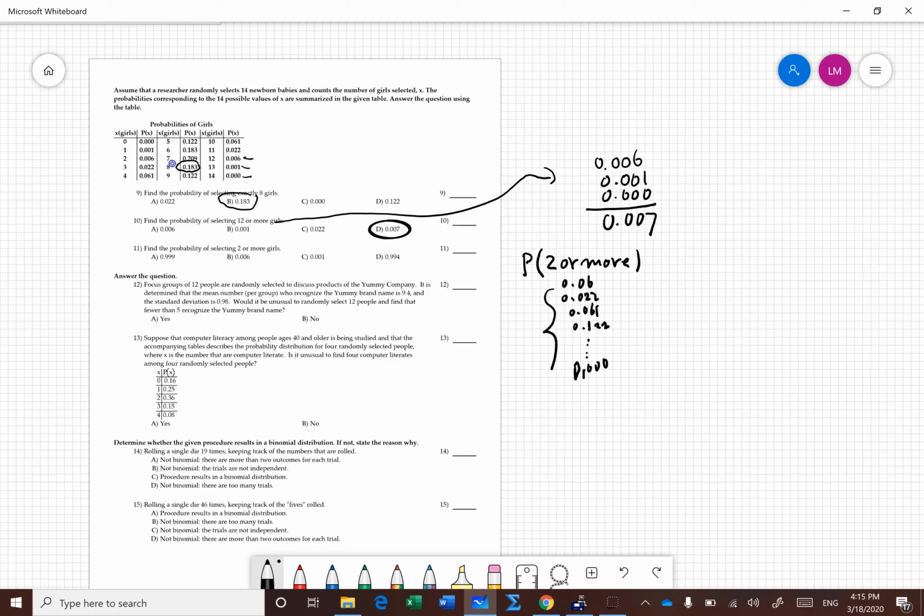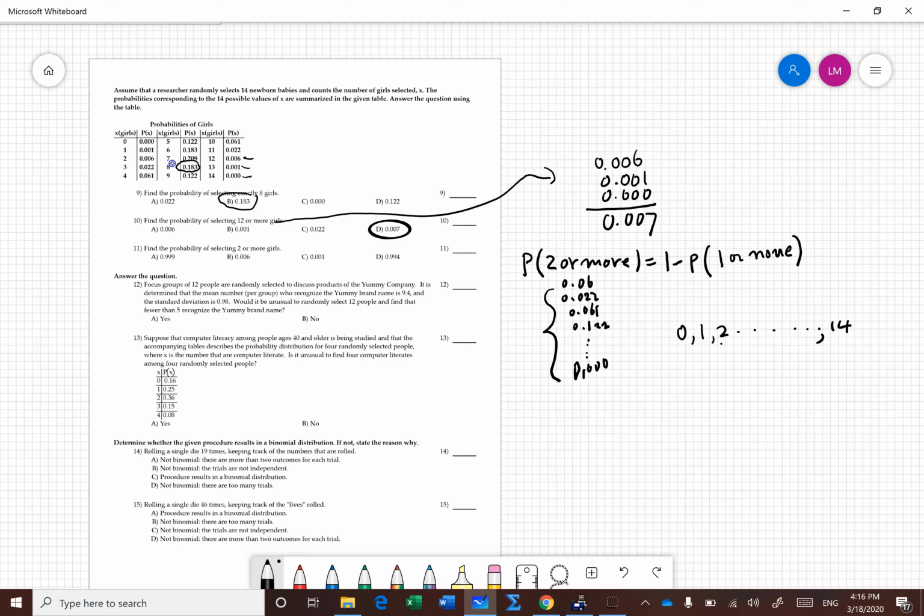Or the other way is 1 minus the probability of 1 or none. You have 0, 1, 2, all the way to 14.